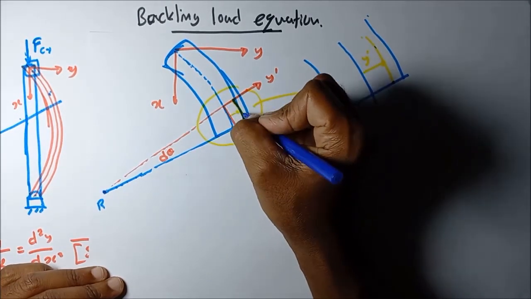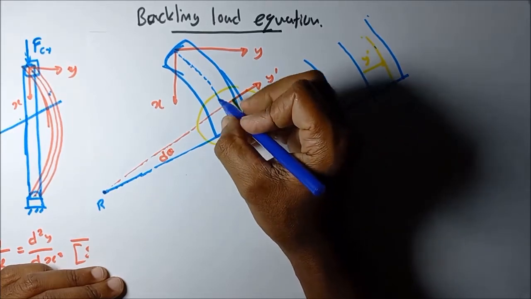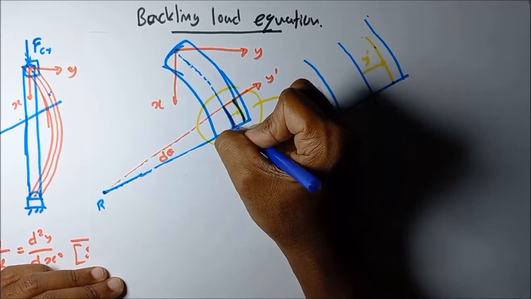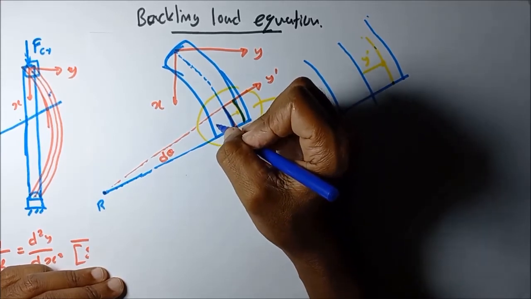What is the original length of this layer before it buckles? This is the original length, because this neutral layer is not subject to any deformation.